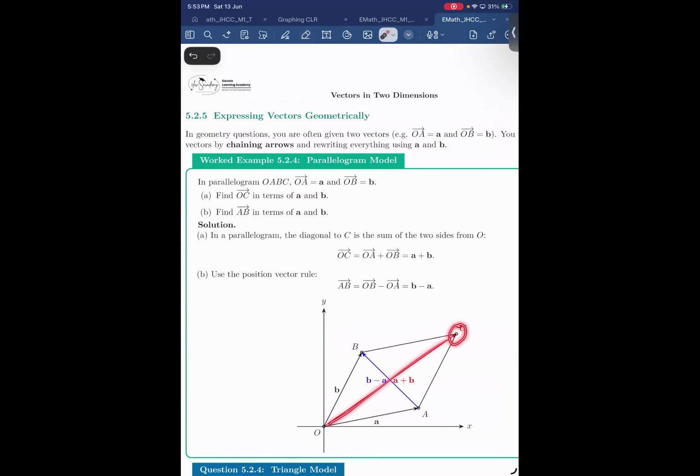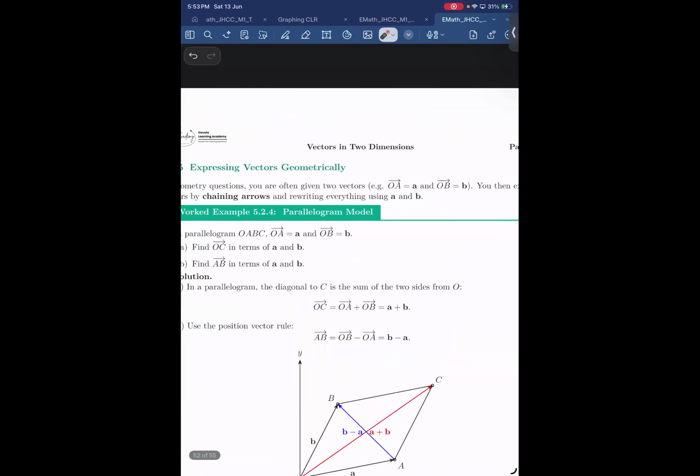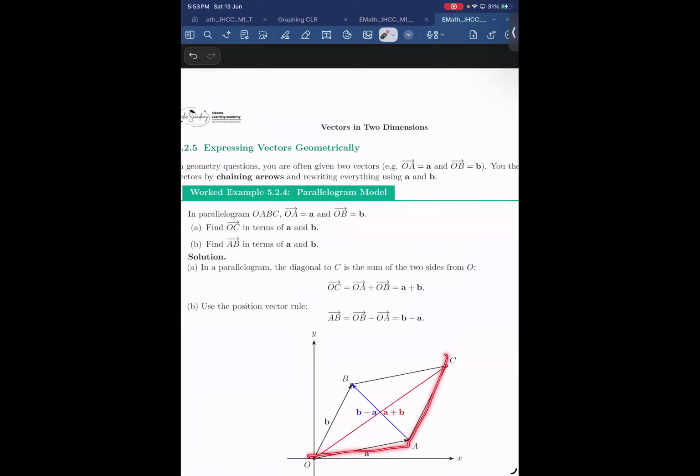Notice that if it's a parallelogram, it means this vector BC is also equals to vector A, and this vector AC is also equals to vector B. So the path I can take to go from O to C can be from O to A and from A to C. But A to C is simply just B. So it's A plus B.